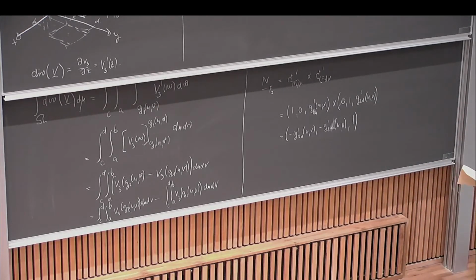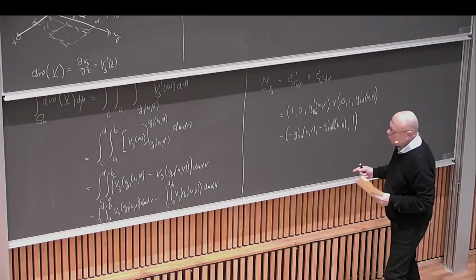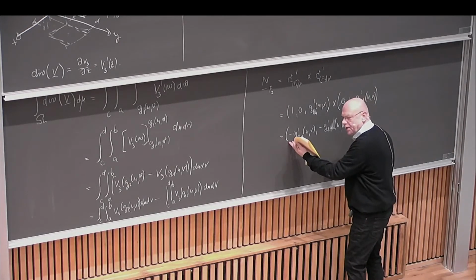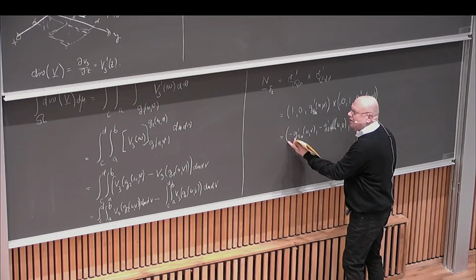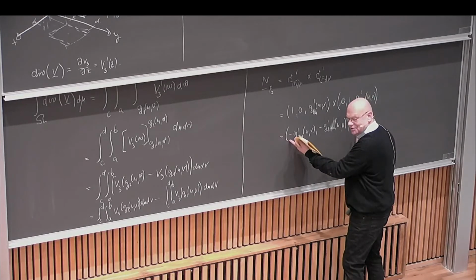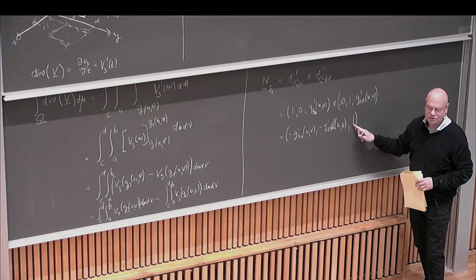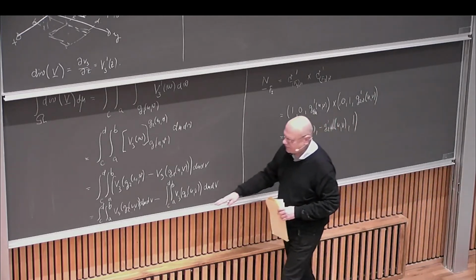So that is 1. So when I make the dot product between this normal vector and my vector field, I simply get the third component of the vector. And this is what I have here.